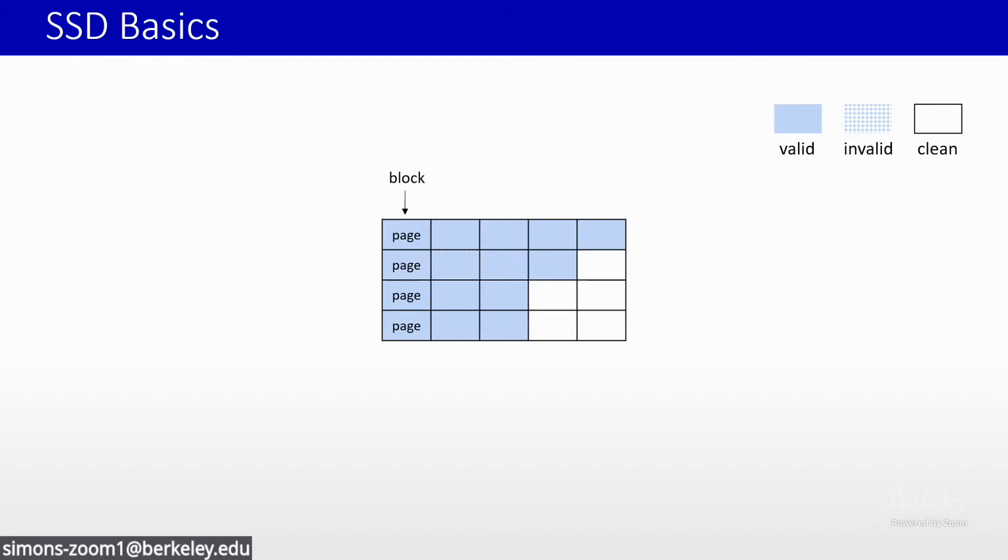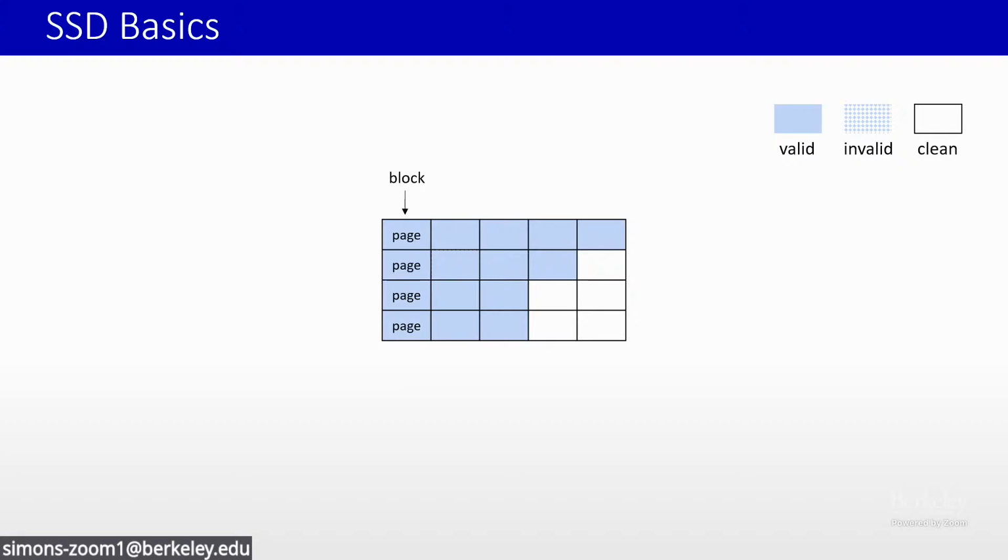If there is a page, there are two possibilities. It could be valid data, a valid page, or it could be invalid. And if it's invalid, this is because a new copy of the page has arrived, and now the old copy is not valid anymore.